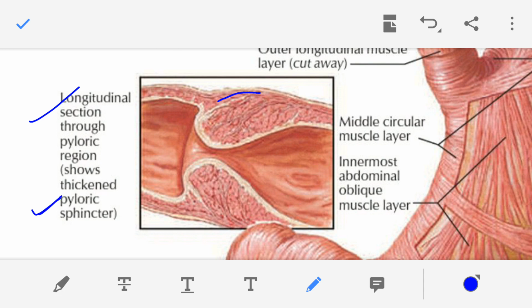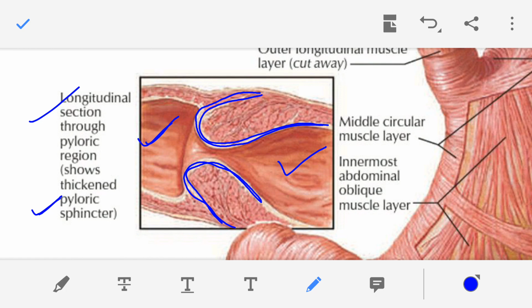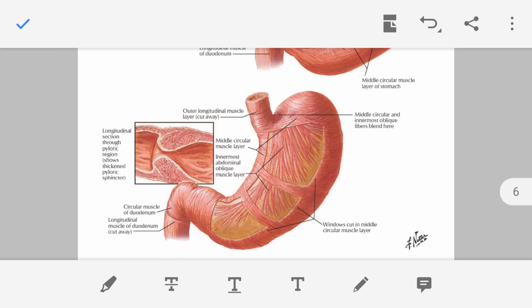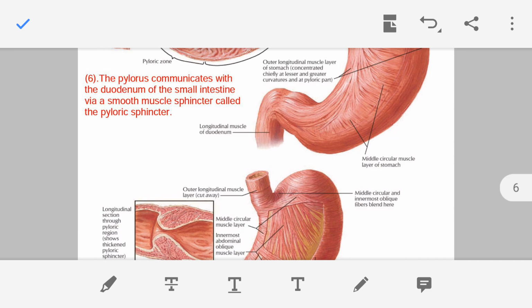This is the pyloric part, this is the ampulla of the duodenum, and this one is the pyloric sphincter. This sphincter is acting like a valve and it is made up of smooth muscle. With this we have completed the sixth point of our discussion.